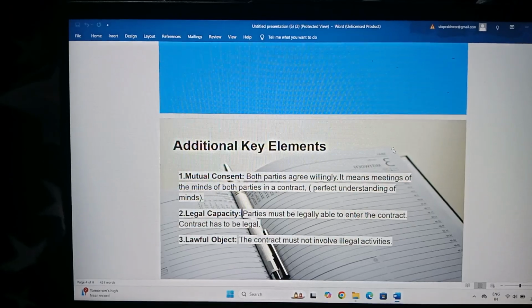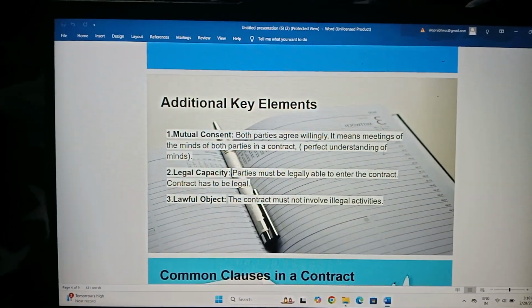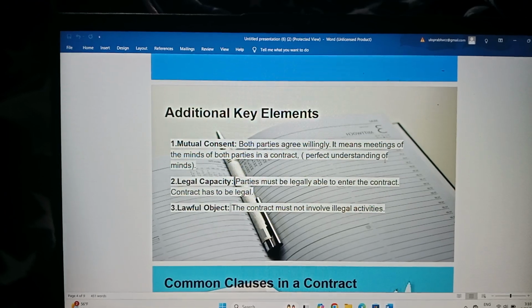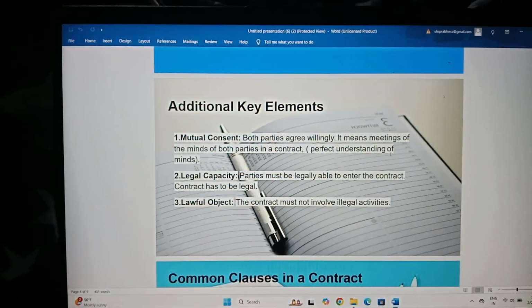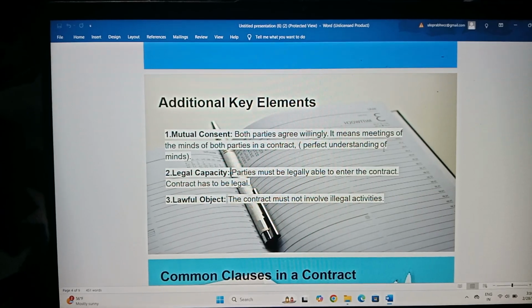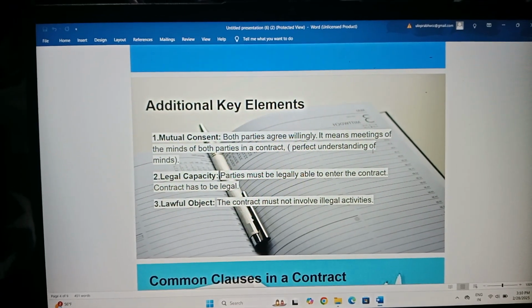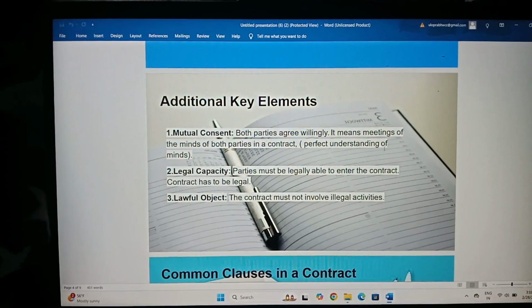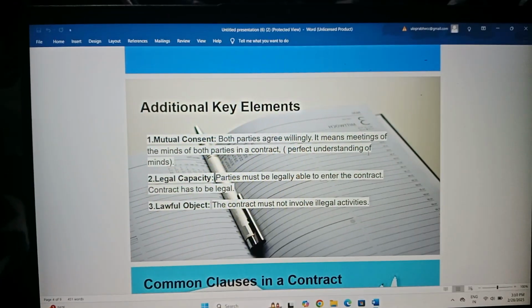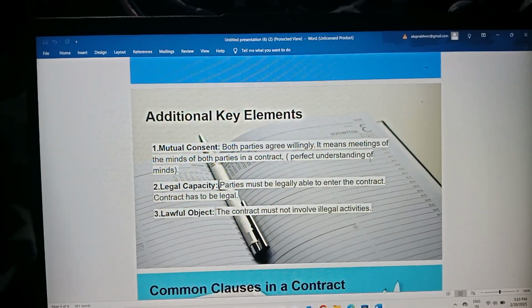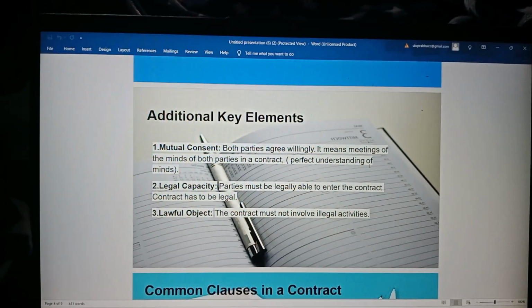So the fifth slide talks about additional key elements. The first one is mutual consent, like meeting of the minds. Both parties agree willingly. It means meeting of the minds of both parties in a contract, like for example, perfect understanding of the minds of each party in a contract.